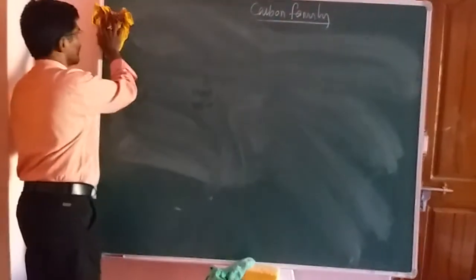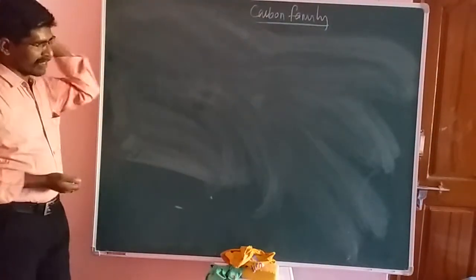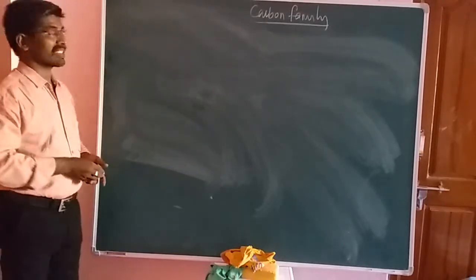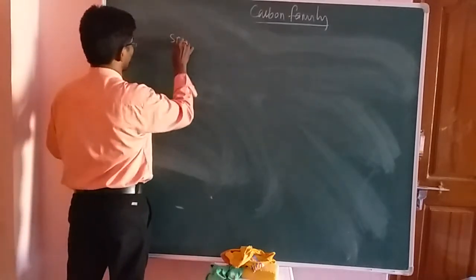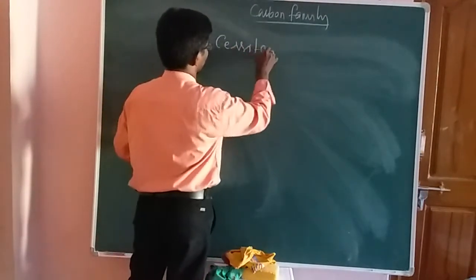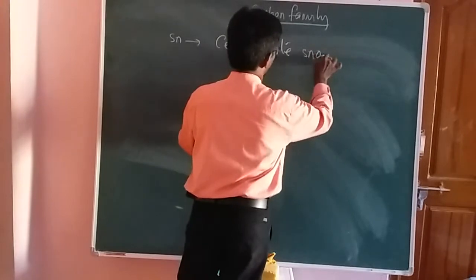The tin element is obtained as cassiterite, whose formula is SnO2.